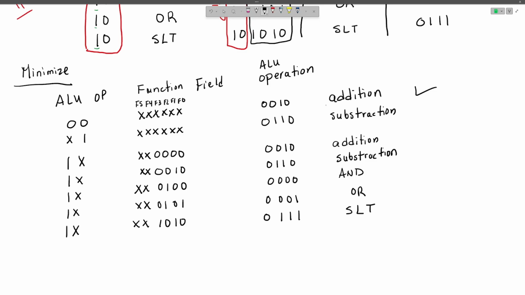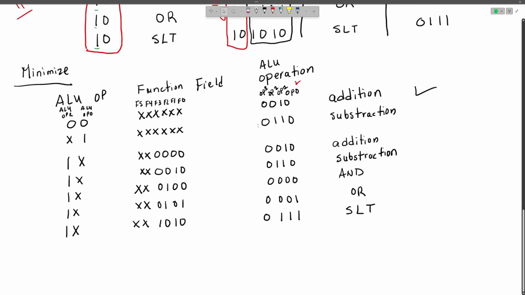We got ALUOp 1, ALUOp 0, and then we have OP 0, OP 1, OP 2, OP 3. So let us start with OP 0.